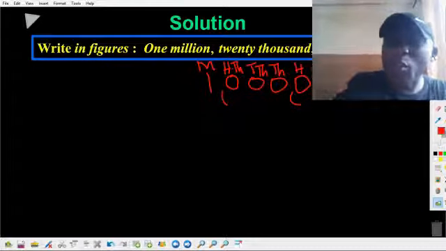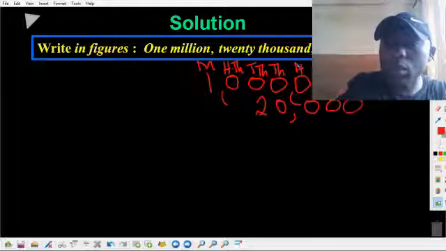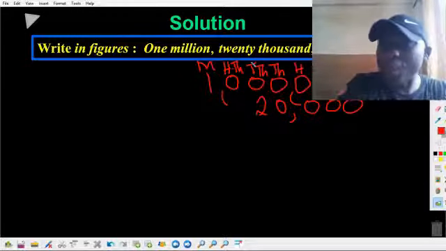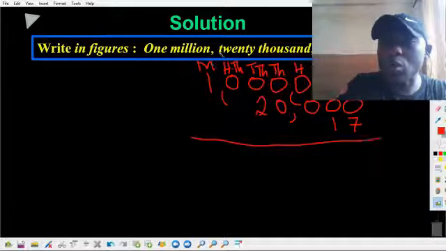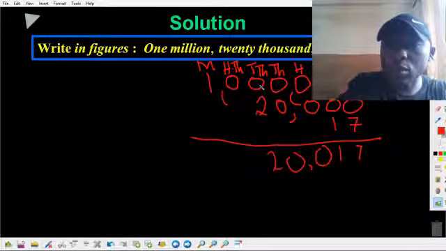So I am going to arrange my 20,000 starting from tens of thousand, comma, followed by 3 zeros: 1, 2, 3. The third one is 17, 1 and 7. So where is it going to fall? To the tens and units. So you can now bring them down: 7, 1, 0, comma, 0, 2, 0.